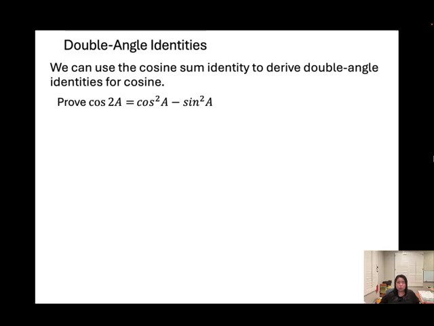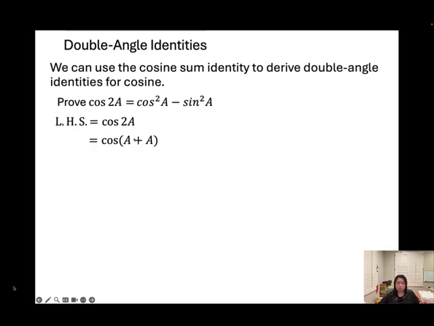So first, we can use the cosine sum identity to derive the double angle identities for cosine. This is what we want to prove: cosine 2A equals cosine squared A minus sine squared A. We start with the left-hand side, cosine 2A. I can break it down to A plus A. Now, I'm going to use the cosine sum identity.